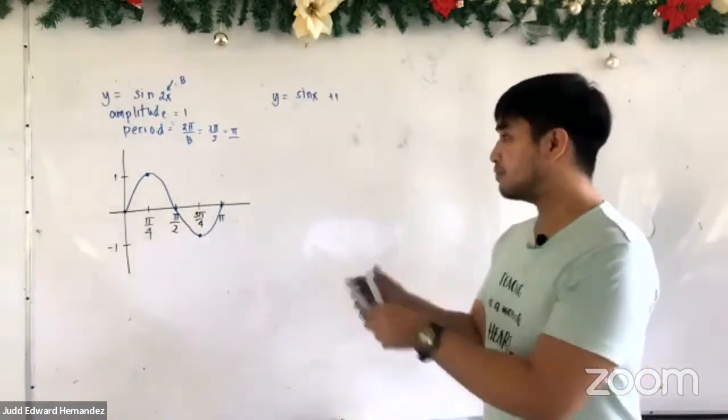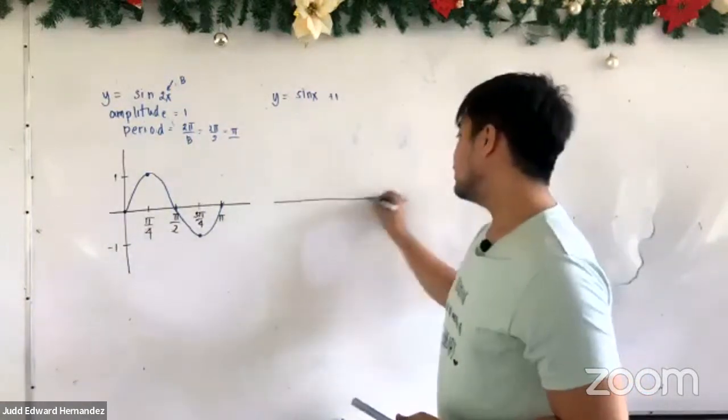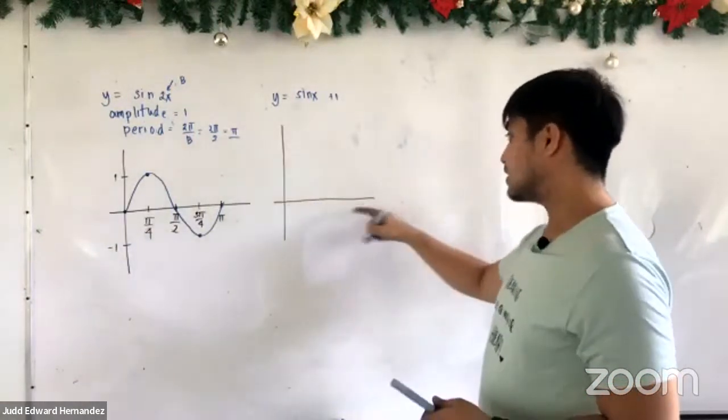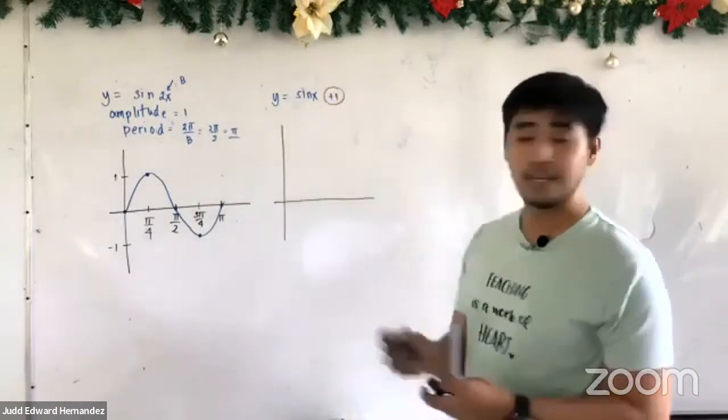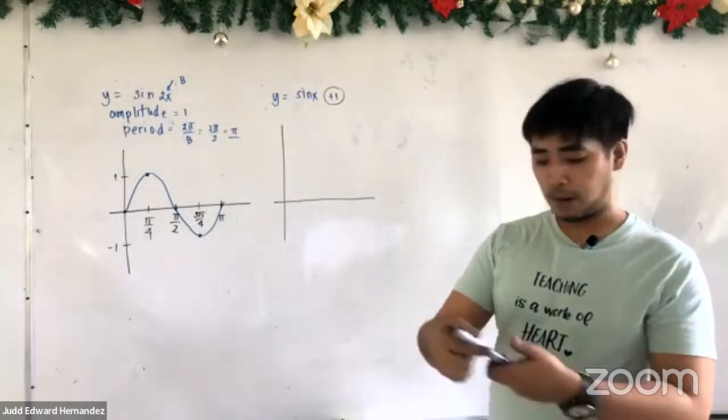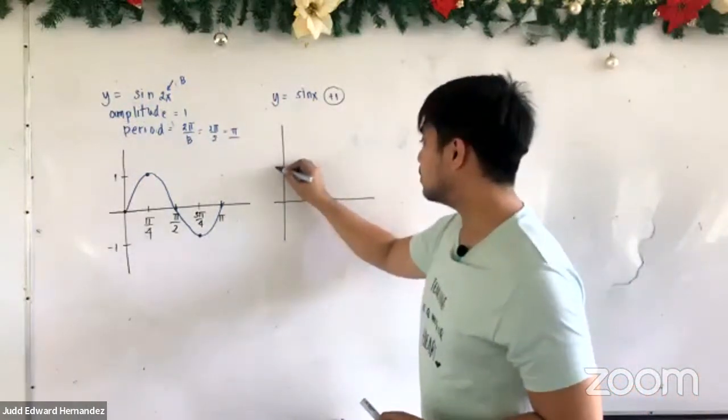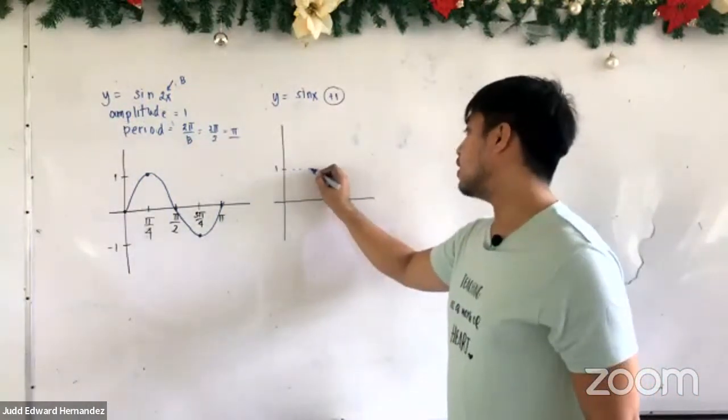If we have here a vertical shift, therefore, this is the value of the x-axis. Ibig sabihin, nasa na dapat yung middle line natin? Our middle line would be positive 1 po. Okay, this is now our middle line.